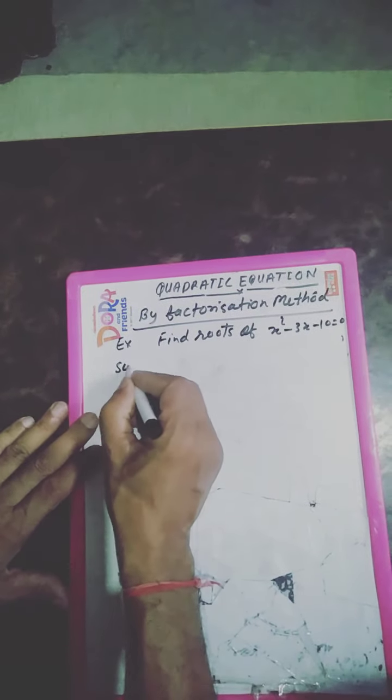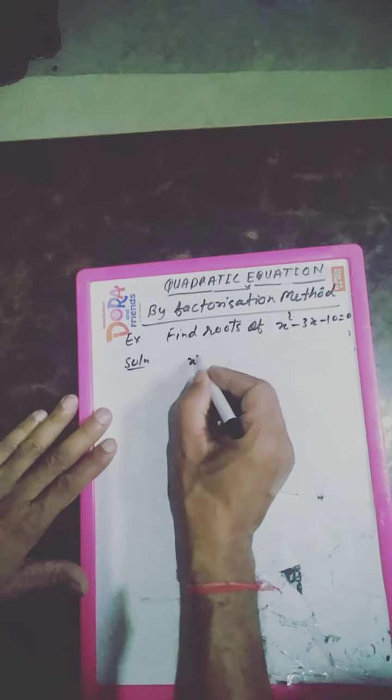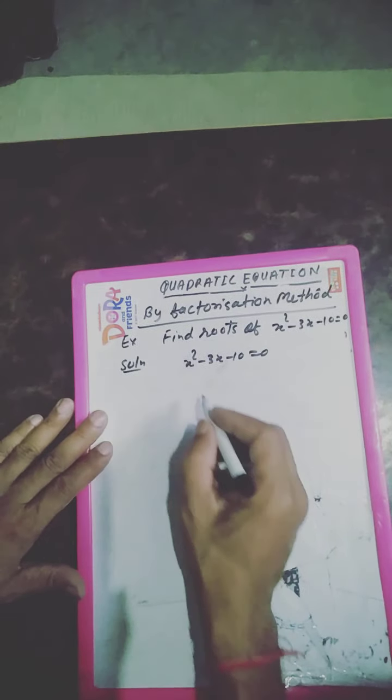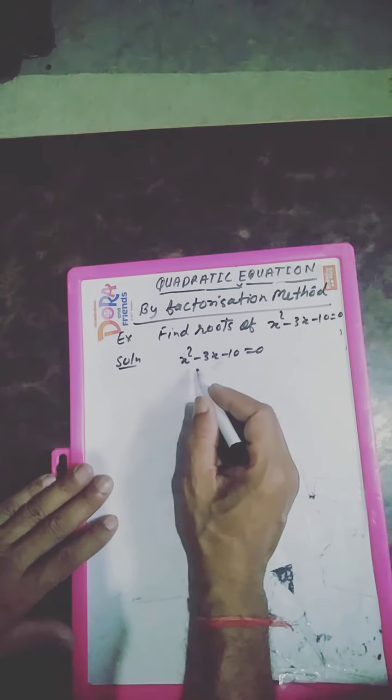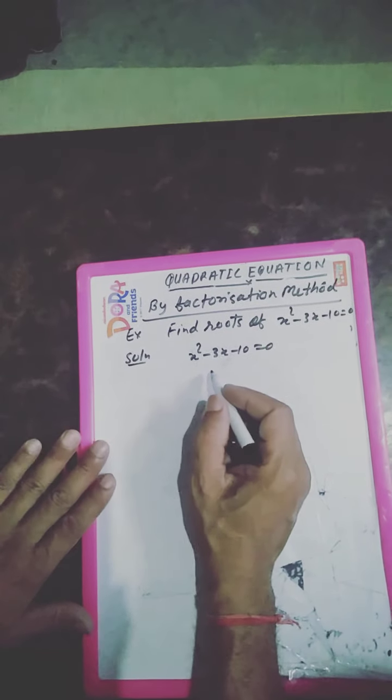So the solution of this will be like this. First we write down the expression x square minus 3x minus 10 is equal to 0. Then we will factorize it by using middle term breaking factorization.